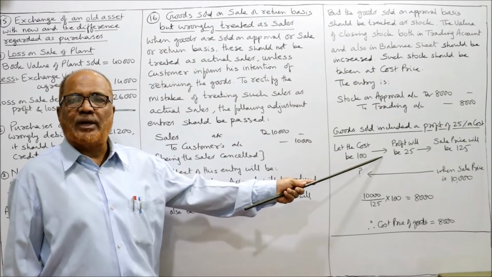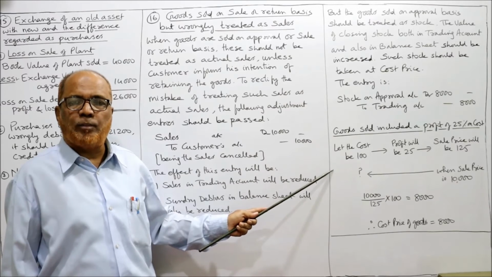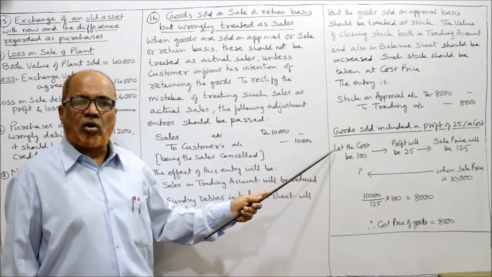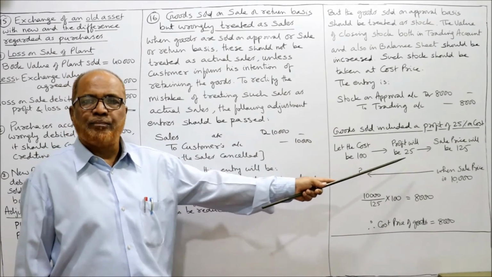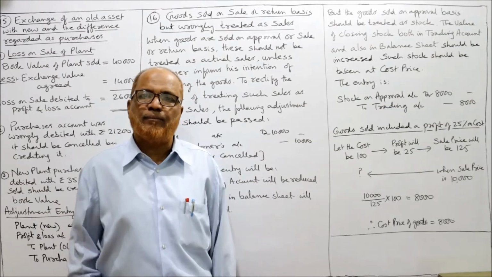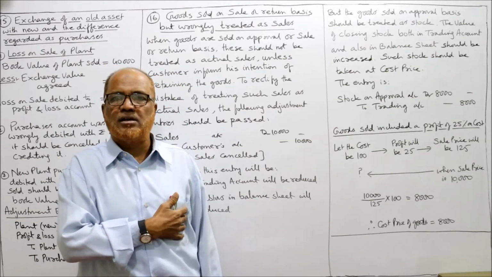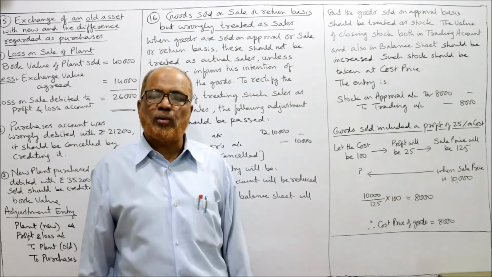The profit is 25% on cost, so 25 rupees. तो cost price अगर 100 rupees है तो profit 25 rupees हो तो selling price will become 125. Cost plus profit is equal to sale price. When cost is 100, profit is 25, sale price is 125.